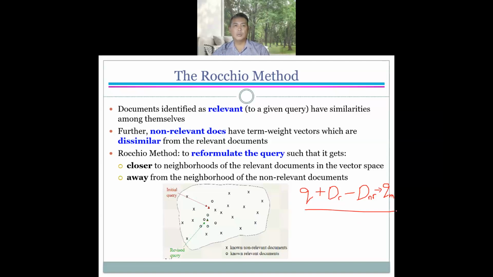So remember when you learned how to form the TF-IDF, and when you learned that one document can be represented as a vector of words, or a vector of terms in terms of weights. So that is what we will be using here.